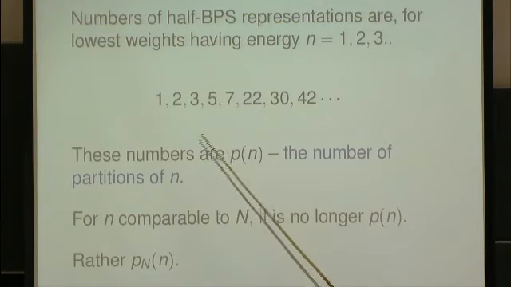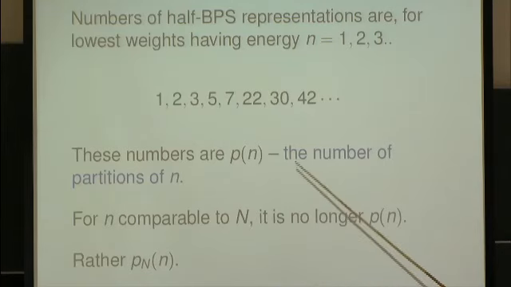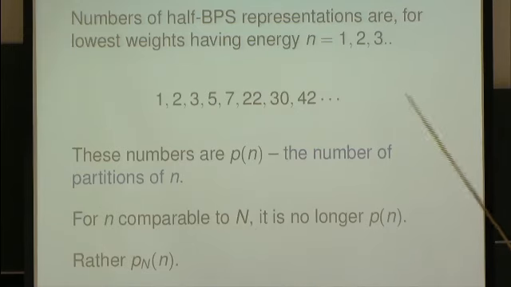So how many ways of writing 2 as a sum of integers? 2 is 2, or 2 is 1 plus 1, and so on. So partitions of n. And this pattern holds up to some cutoff related to n. And beyond that, it's no longer just partitions of n. Rather, it's the number of partitions of n with no more than capital N parts. Okay. So this is roughly what is called the stringy exclusion principle, that this sequence changes.